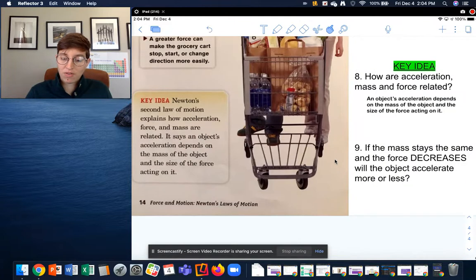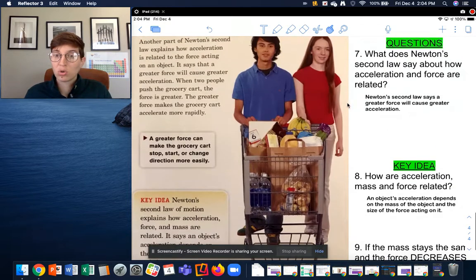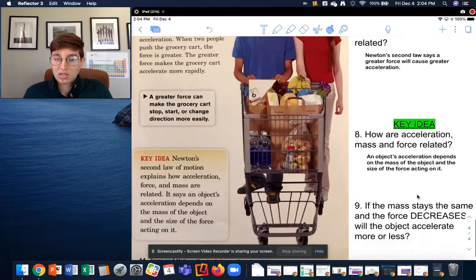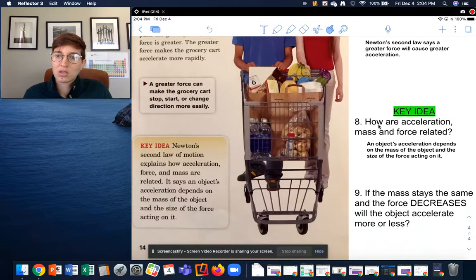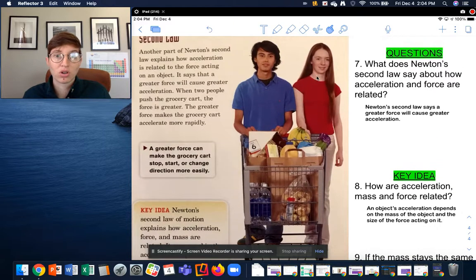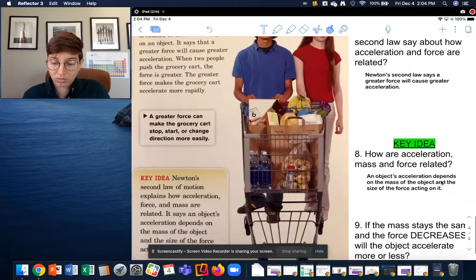Okay, if the mass stays the same, let's say we have 2 people on this grocery cart pushing it, okay? Let's say that the grocery cart stays the same, the things in the grocery cart stay the same, and the force decreases. So let's say this person in the red shirt stops pushing the cart or leaves. Okay, so then it's just one person pushing the cart.